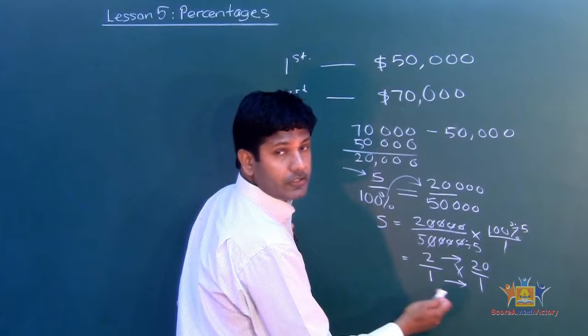So I take the difference: 64,000 minus 56,000. 0 minus 0 gives me 0. 4 minus 6, can I borrow from 6? 6 becomes 5, 4 becomes 14. 14 minus 6 gives me 8,000. So the discount is 8,000 ringgits. I want to find the percentage of decrease.